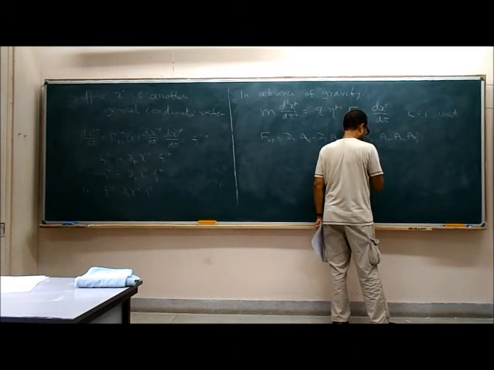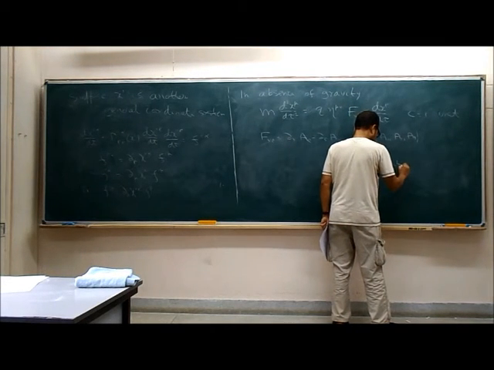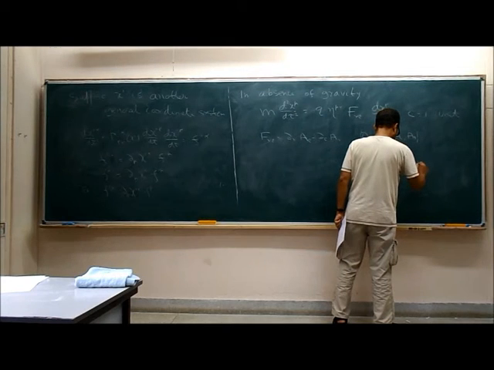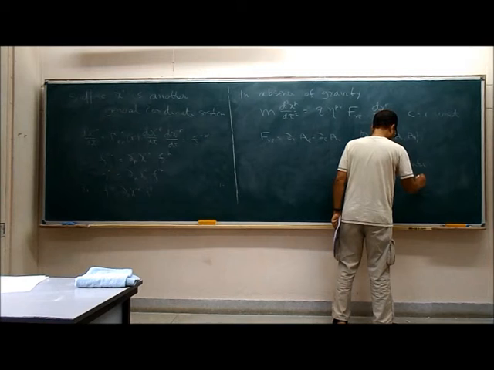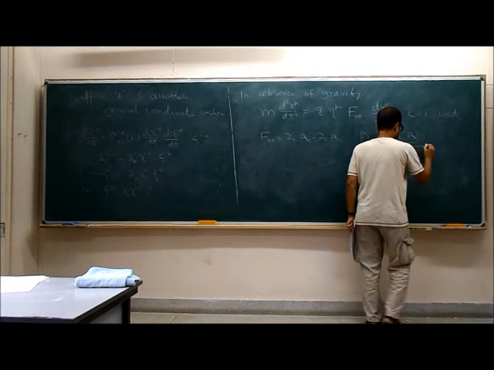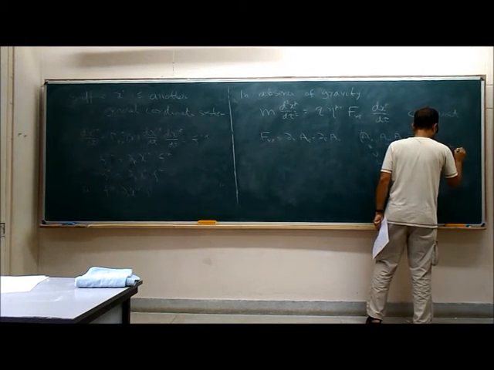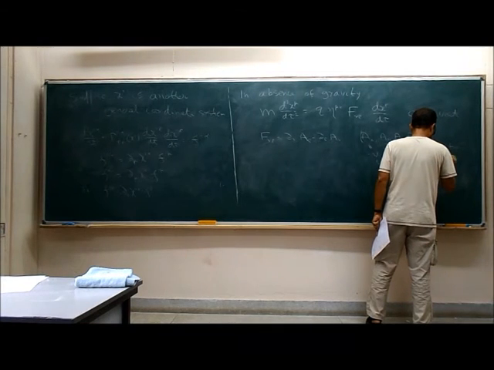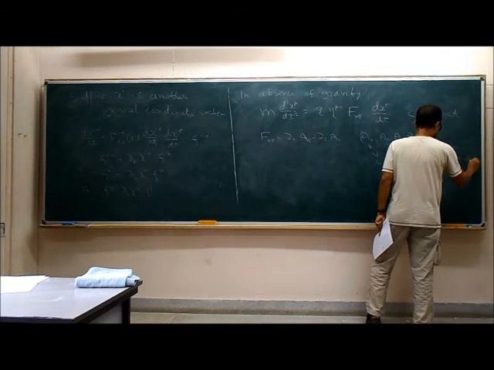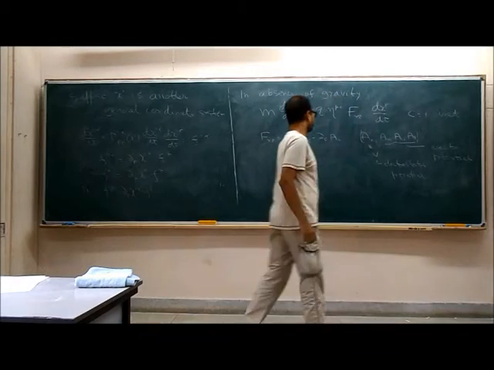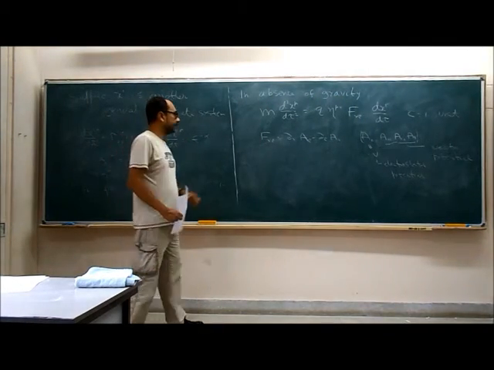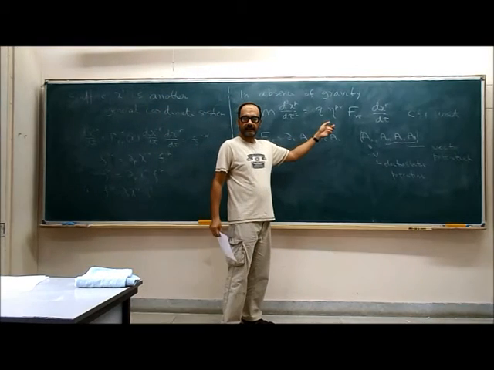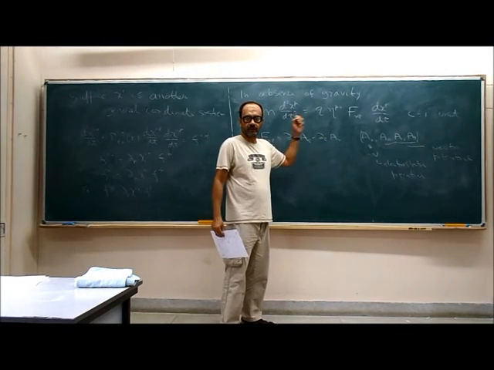I have used phi before, that's the minus V, the electrostatic potential. And this is the vector potential. Is this familiar, this way of writing the force law?